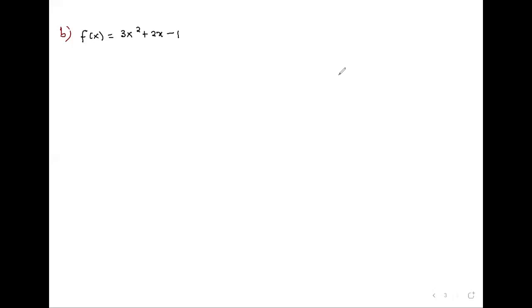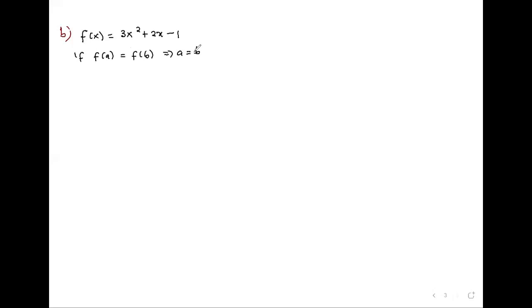Well, to check if this function is bijective, we start the normal way. We check if f of a is equal to f of b implies that a is equal to b. And then we find the inverse.